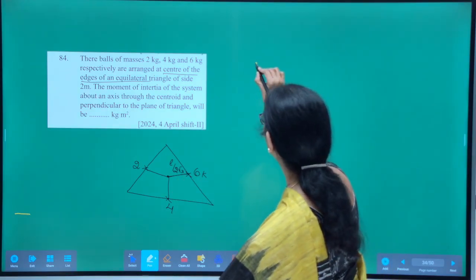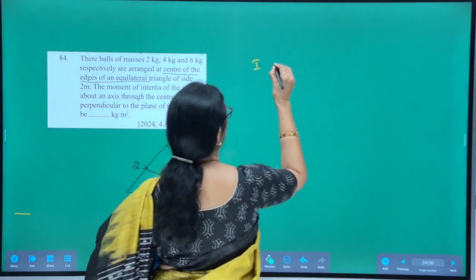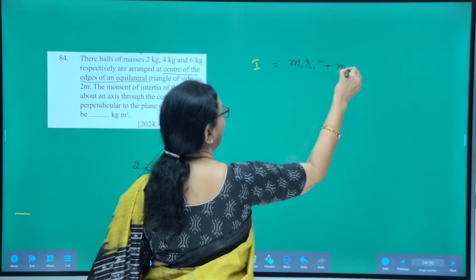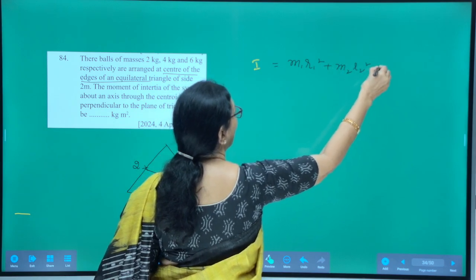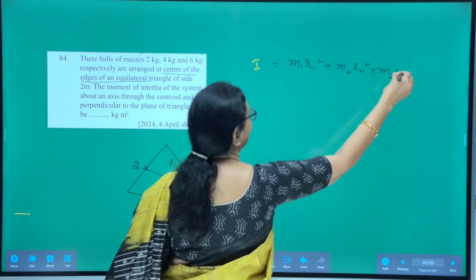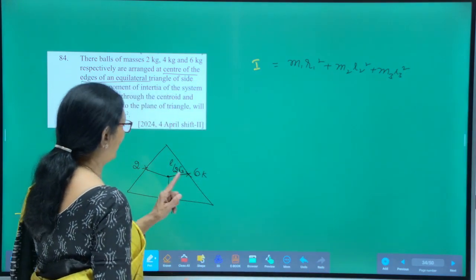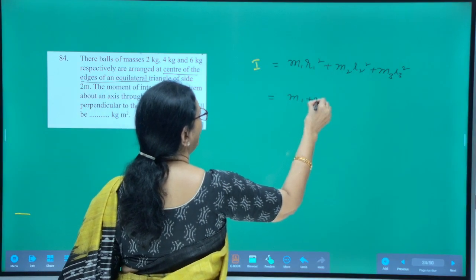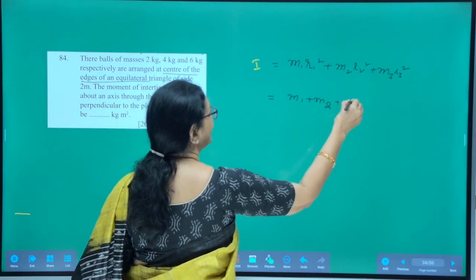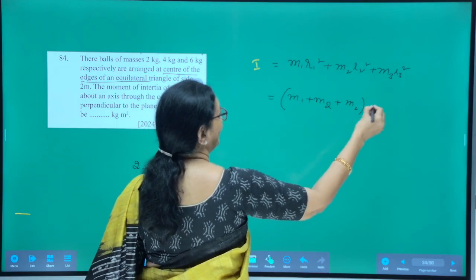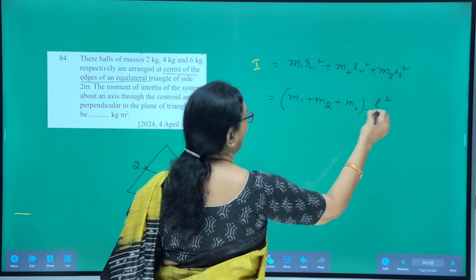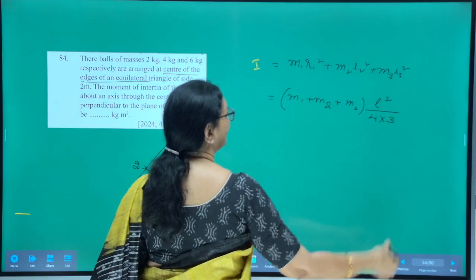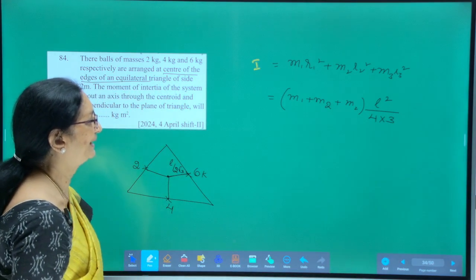So, the moment of inertia of that system is m1 r1 square plus m2 r2 square plus m3 r3 square. As all of them are at equal distances, it is m1 plus m2 plus m3 times r square, where r is L by 2 root 3, so L square by 2 root 3 whole square, that is 4 into 3, L square by 12.